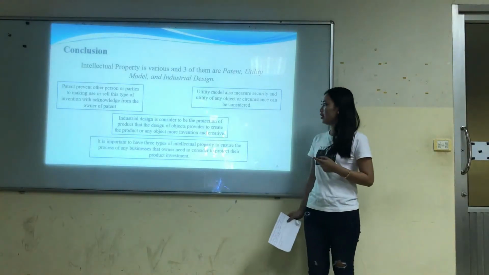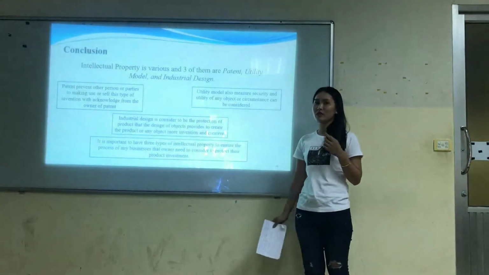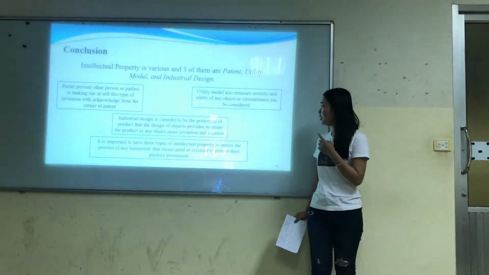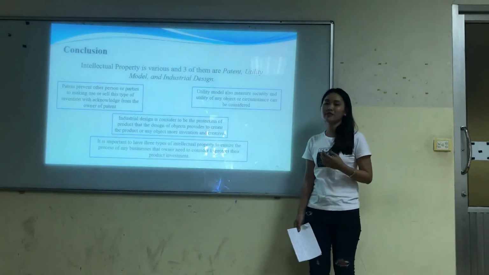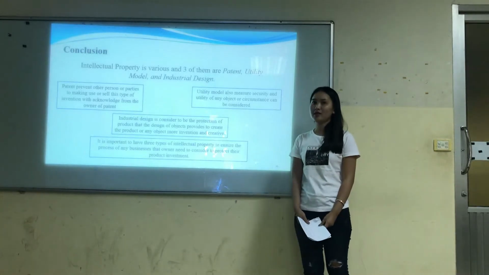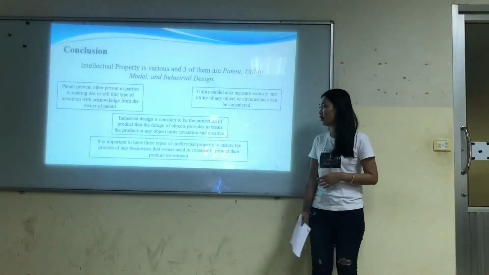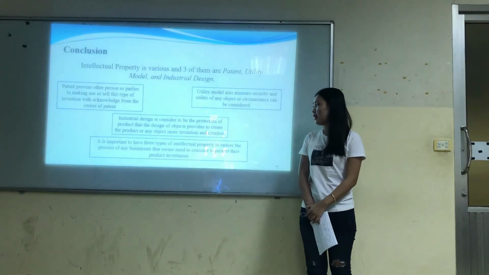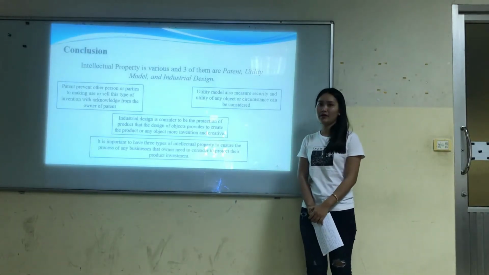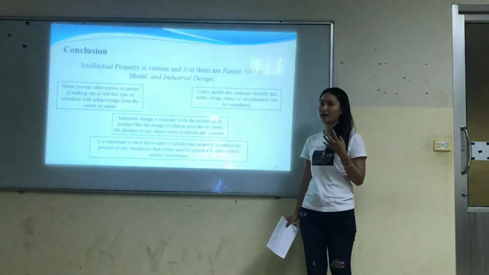The second is utility model. A utility model measures the security and utility of any project or circumstance that can be considered. The last is industrial design. Industrial design is the protection of the design of an object, making the product more inventive and creative.